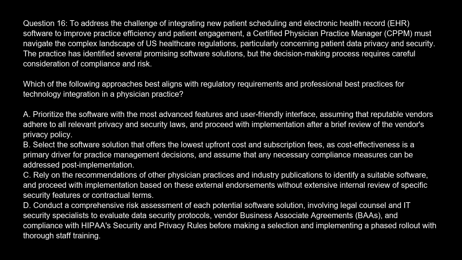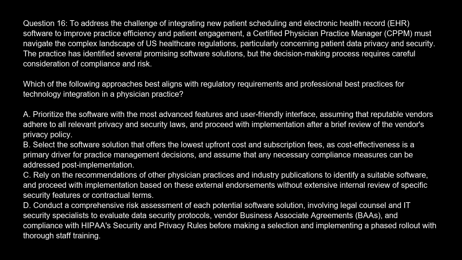Option C. Rely on the recommendations of other physician practices and industry publications to identify a suitable software and proceed with implementation based on these external endorsements without extensive internal review of specific security features or contractual terms.